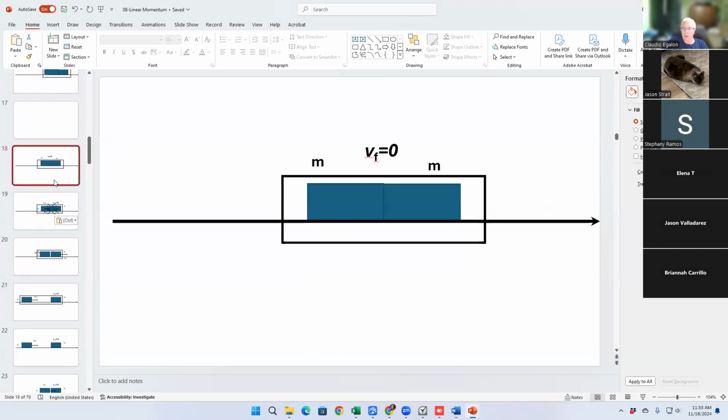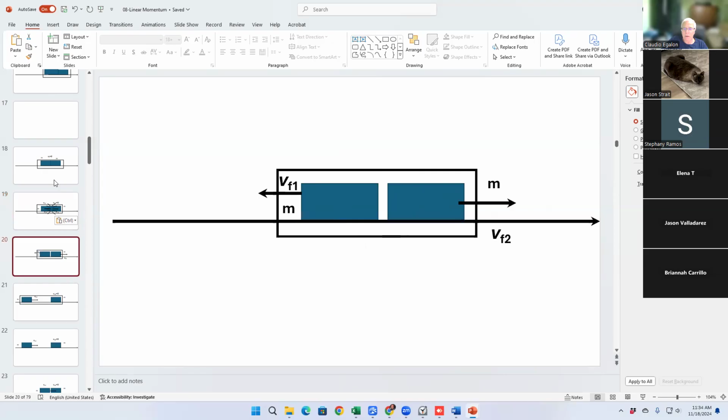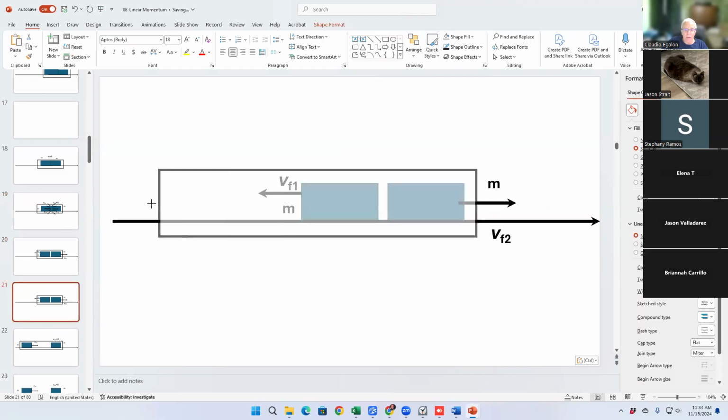Now we can play the movie. Two objects at rest. There is an explosion that pulled the two objects apart. We're going to have V final of 1, V final of 2. This is going to be my last slide.